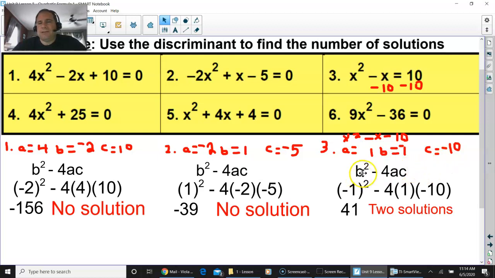So B squared is -1 squared minus 4 times A, which is 1, and C is -10. That comes out to be 41 when you put it in the calculator, and you get 2 solutions with that because it's greater than 0.